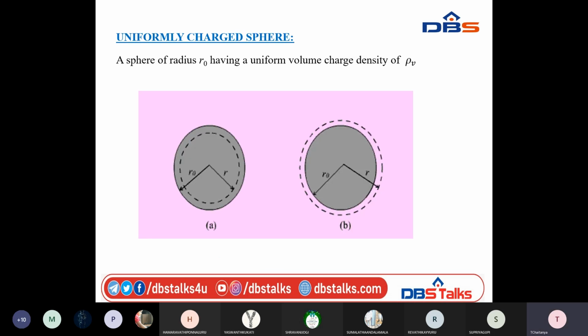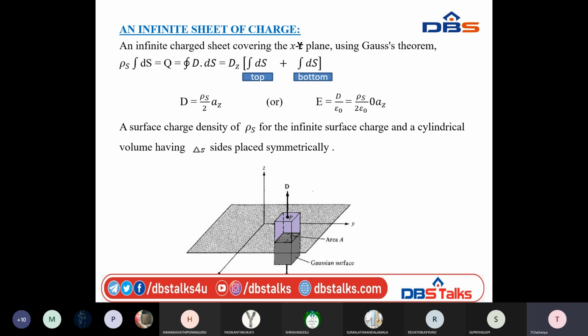Our next concept. In the previous class we discussed the application of Gauss law.